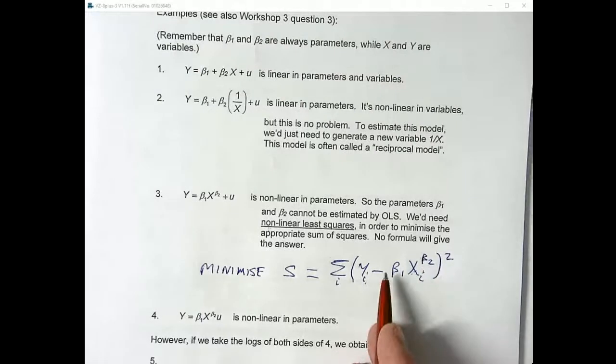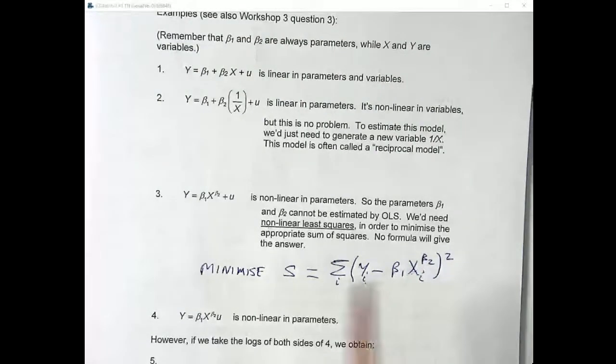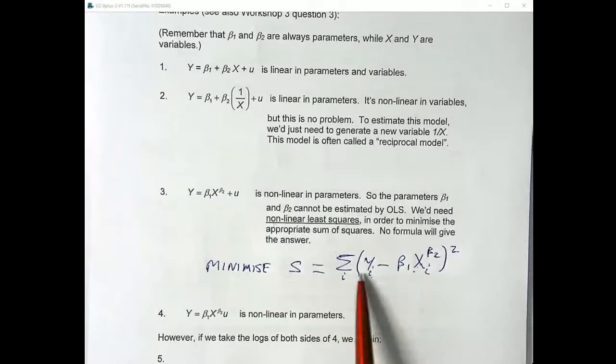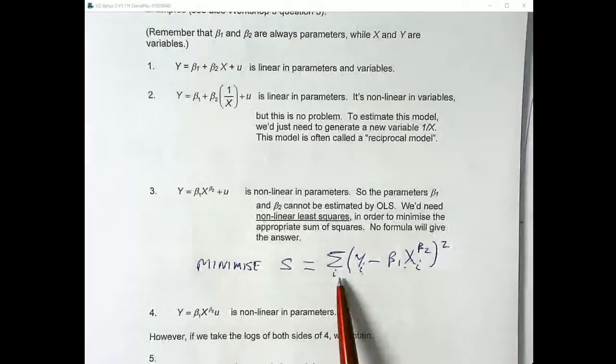That's a non-linear least squares problem, because with ordinary least squares we have something here which is linear in beta. We differentiated this, got two equations, and said that if you solve these two equations, you get the formulae that we use for ordinary least squares.